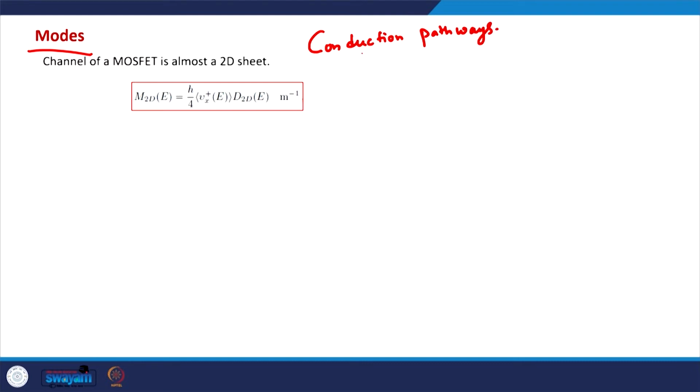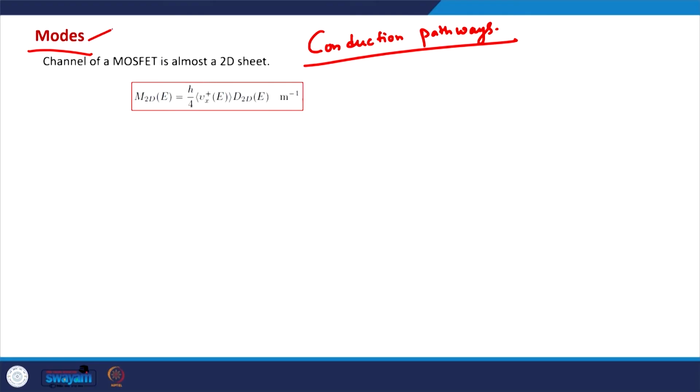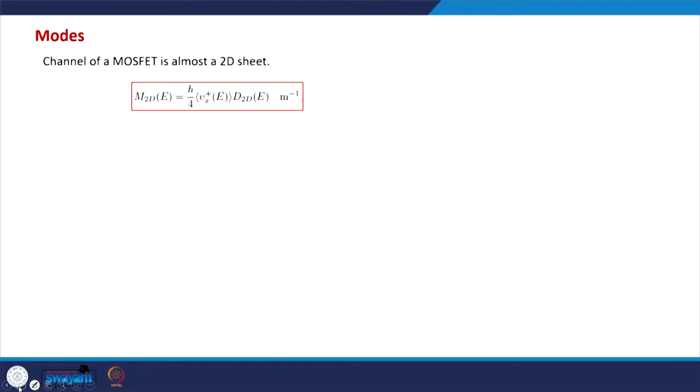The reason is that when electrons travel through the channel, they travel through the energy states, but because of the finite lifetime of electrons, these energy states are broadened, and that results in a broadened pathway in the channel, which is different from the energy states. So this parameter M, which is the modes, becomes different from the density of states, and that is precisely the reason that we need to introduce a new parameter in the general model of transport, which is known as the modes in the channel.